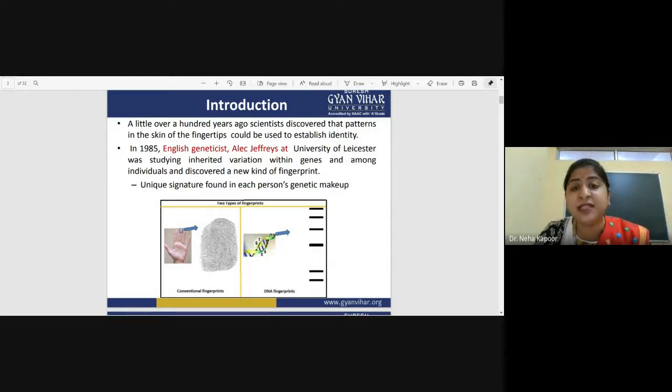This unique signature is found in each individual and varies as per the genetic makeup. He reported this as the DNA fingerprint because it is basically dependent upon the variation of the genes.